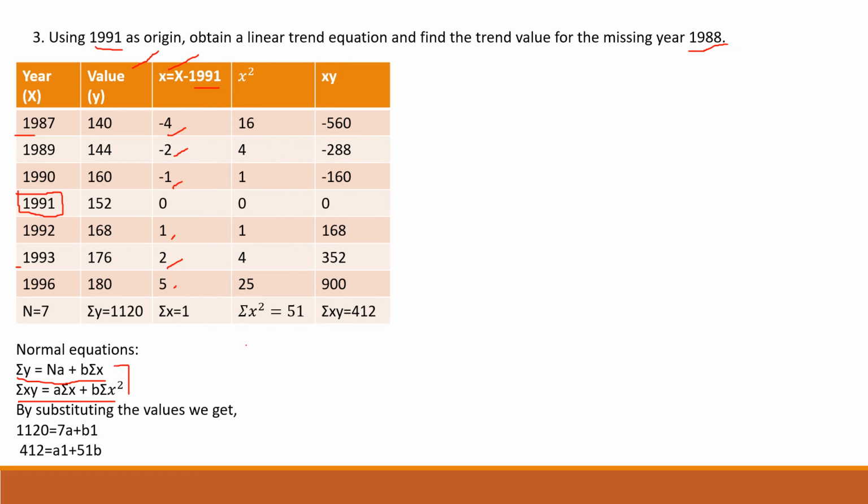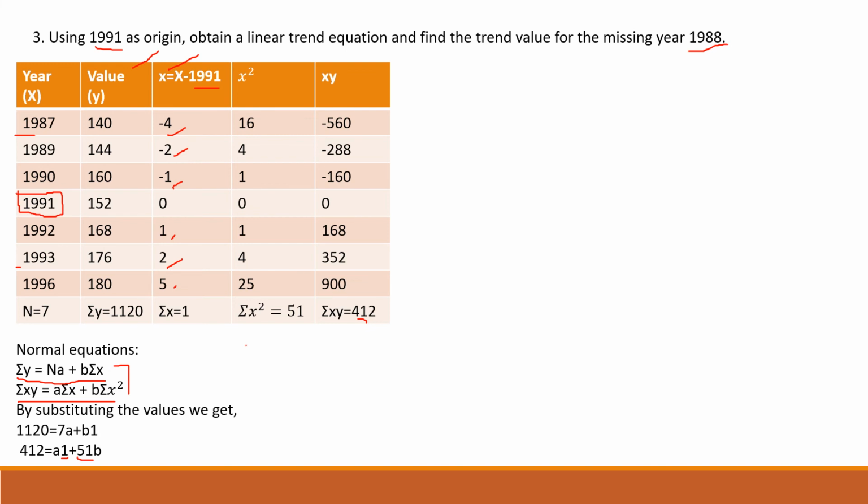So summation y equals 1120. N is 7, a we don't know, plus b we don't know, summation x is 1. Same for the second equation: summation xy is 412, equals a into summation x which is 1, plus b, which we don't know, into summation x square which is 51.